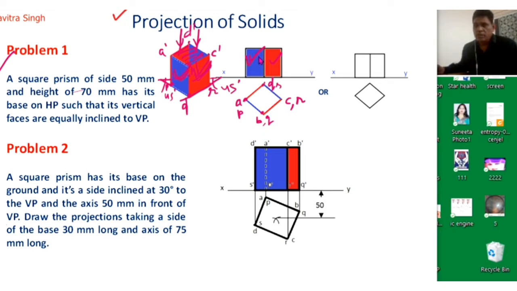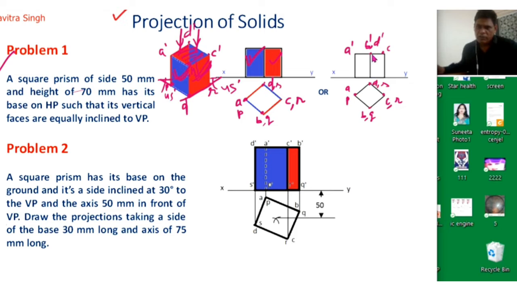So finally, we will draw in the drawing sheet without any color. So we will draw the XY line. This will be points A and P, this will be points B and Q, points C and R, D and S. Okay, and here this will be A dash, B dash, C dash and D dash.